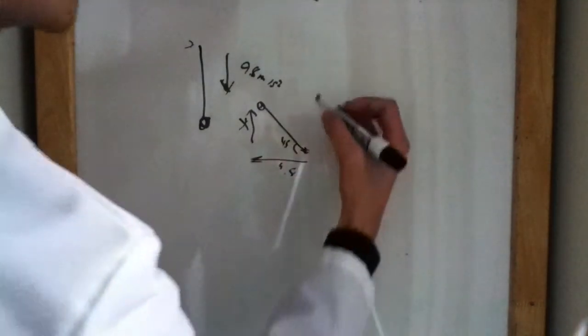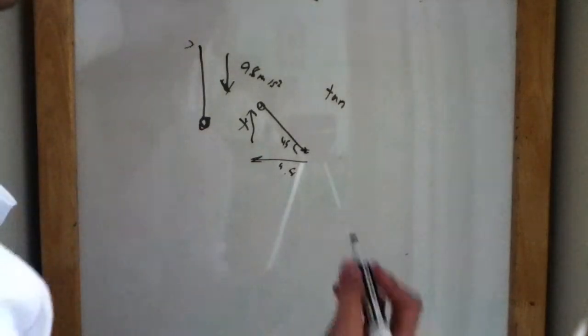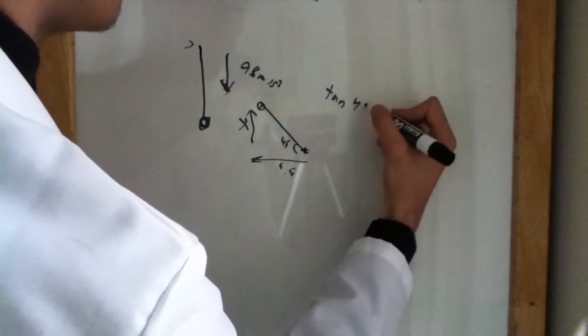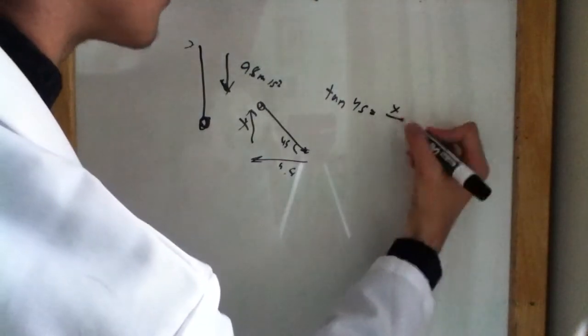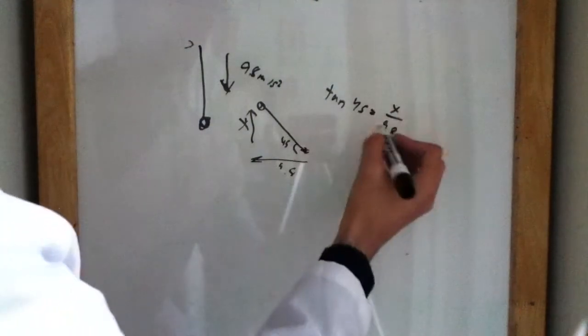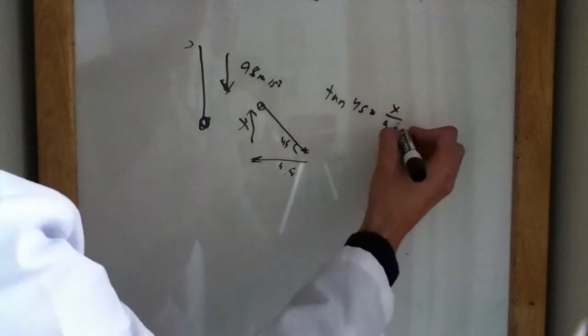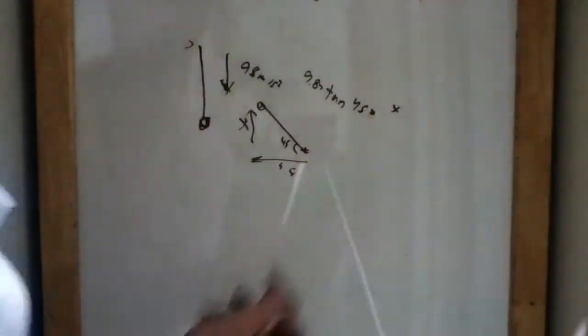So now we again put this into our trig ratio, and it would be tan of 45 is equal to x over 9.8. And then if you want to solve it, just multiply 9.8 to both sides, so it cancels out here, 9.8 times tan 45, and that equals x.